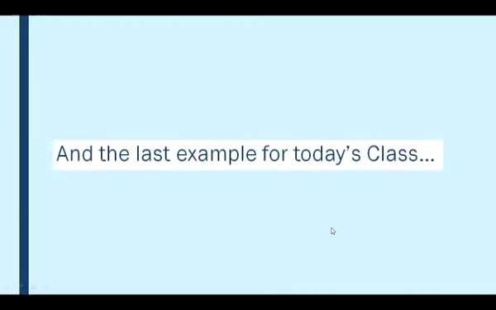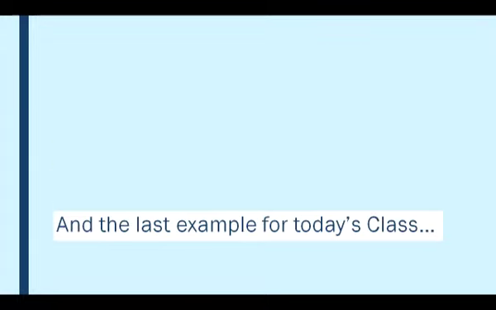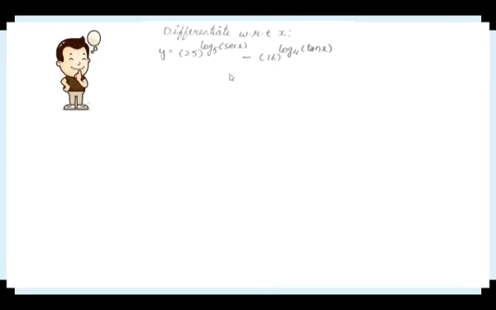Let's see the last example of today's class. Differentiate with respect to x, y equal to 25 raised to log sec x to the base 5 minus 16 raised to log tan x to the base 4. Okay, so over here we can't directly apply the derivative.